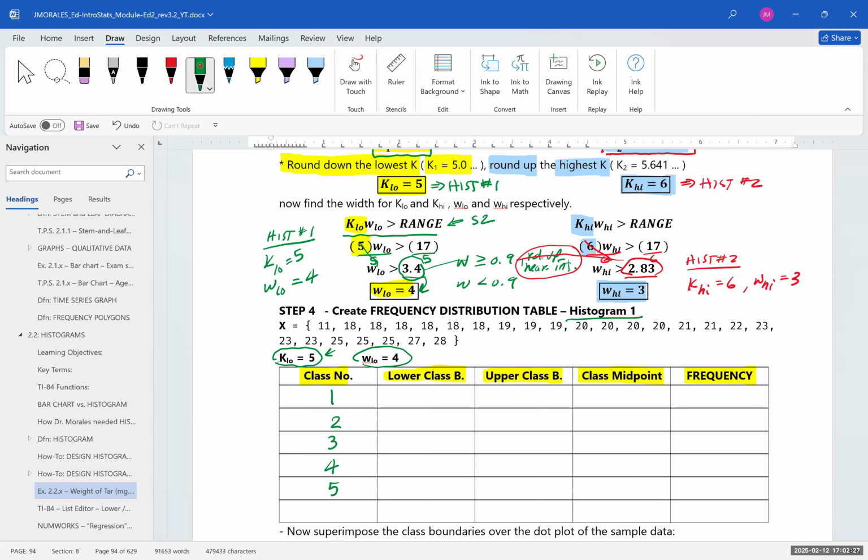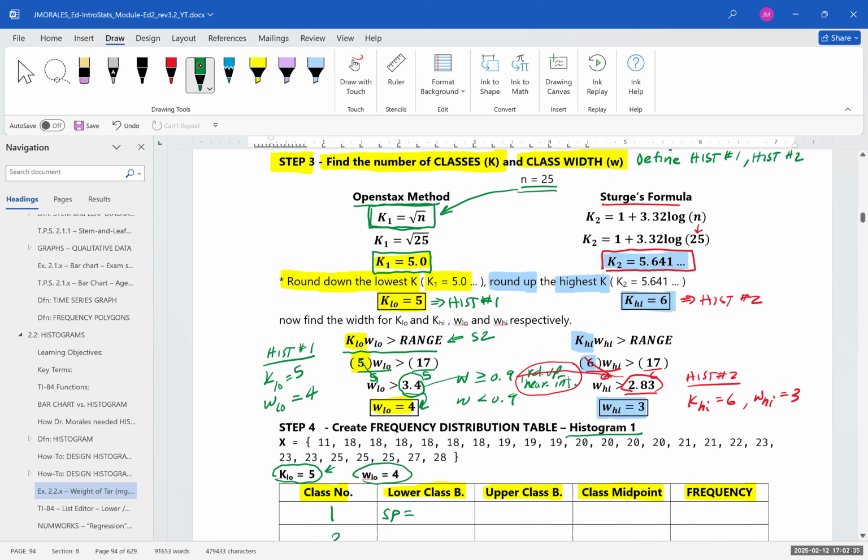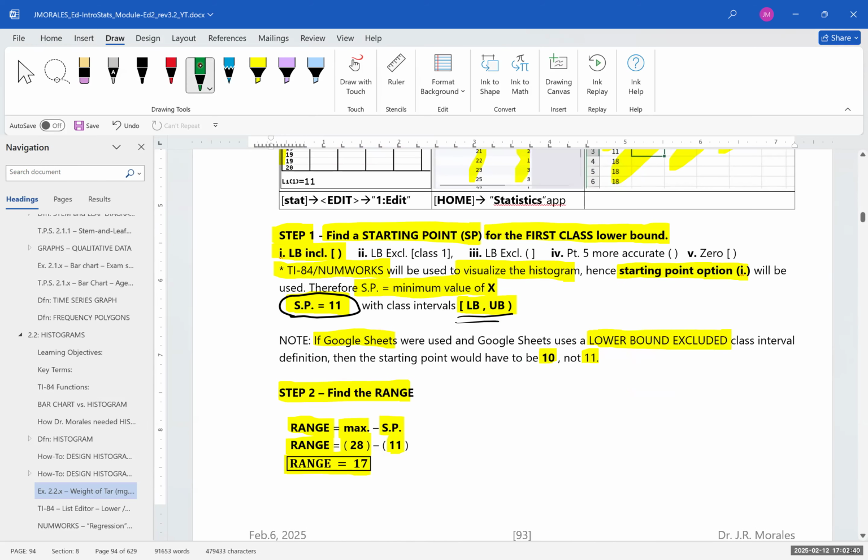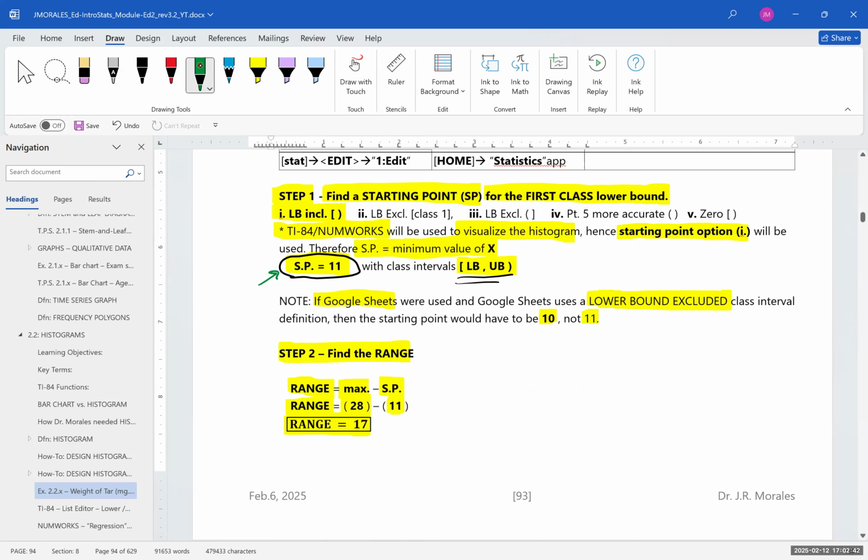Now class 1 will have a lower class boundary equal to our starting point. So what was our starting point? That was back here at step 1, and our starting point is 11.